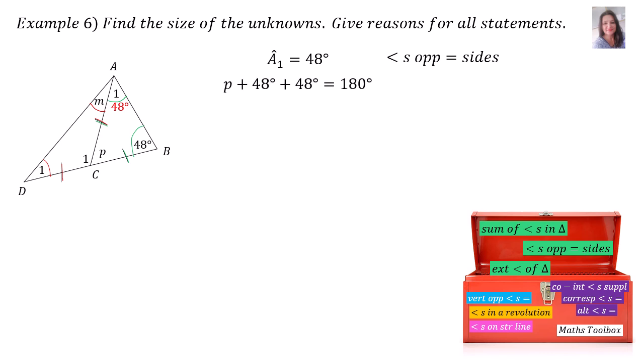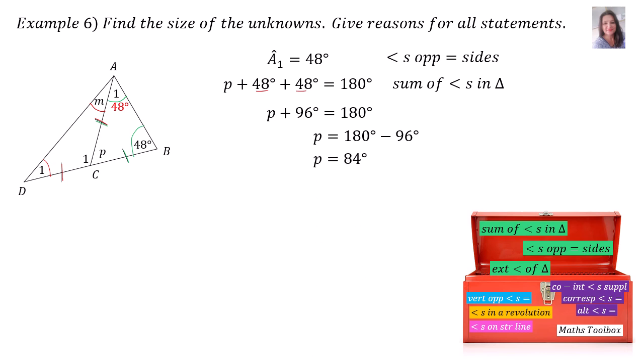We can now say that angle P plus 48 plus 48 is equal to 180 degrees, in triangle ABC, the sum of the angles in a triangle. Then we can solve P. 48 plus 48 is 96, and let's let the 96 walk across and it becomes P is 180 minus 96, so therefore P is 84 degrees.